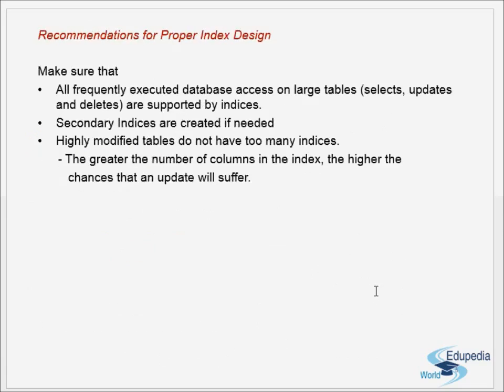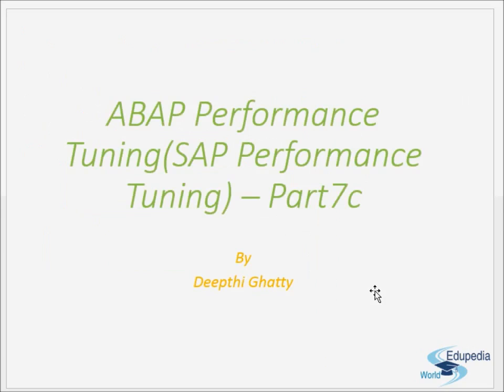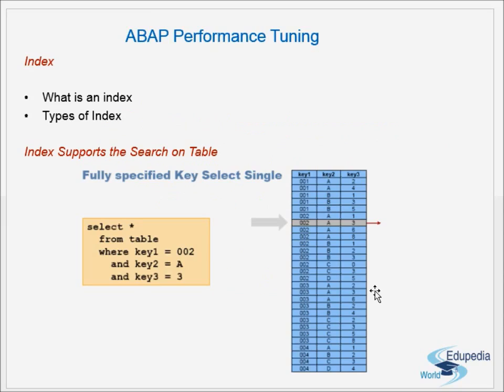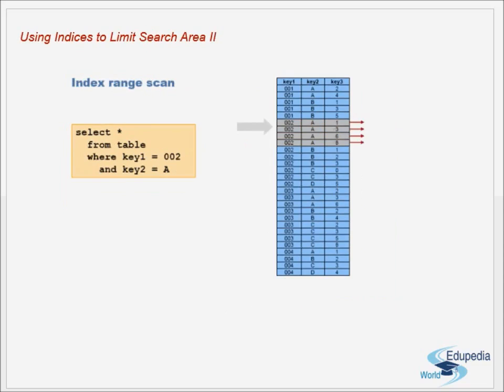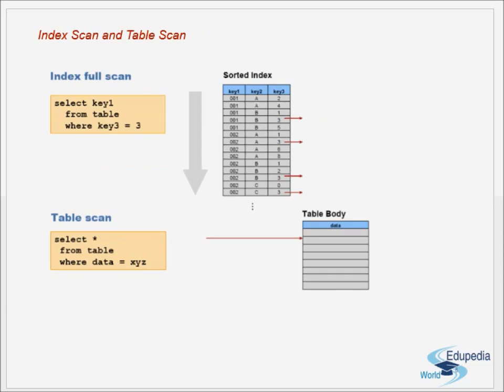So this is about this video, which talks about indexes. We started with how an index plays an important role in ABAP performance tuning. Here we have seen the unique scan, the range scan, and the full table scan.